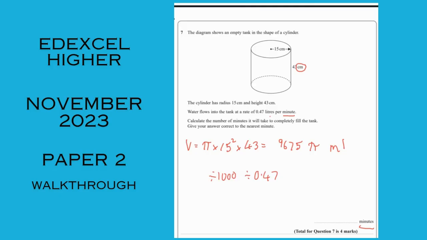So 9675 pi divided by 1,000 divided by 0.47. I'm getting 64.6, etc. But it wants nearest minute. 65 it is.